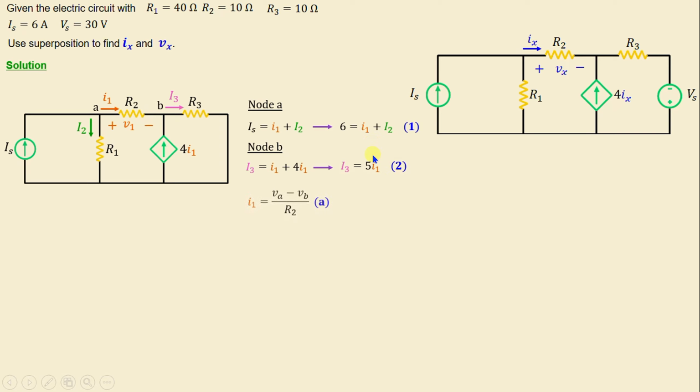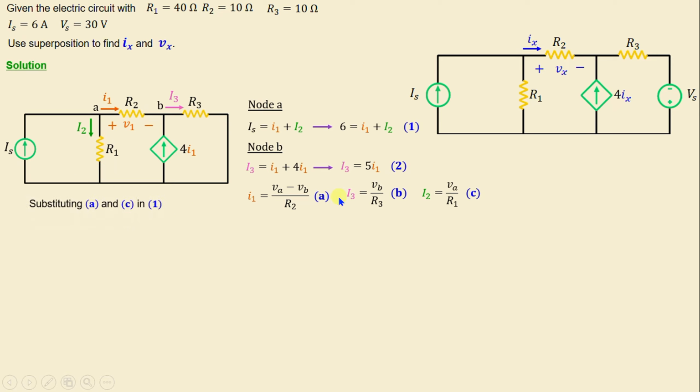And according to Ohm's law, I1 is equal to VA minus VB over R2, where VA and VB are respectively the voltage at node A and B. And the current I3 is equal to VB over R3, and the current I2 is equal to VA over R1.